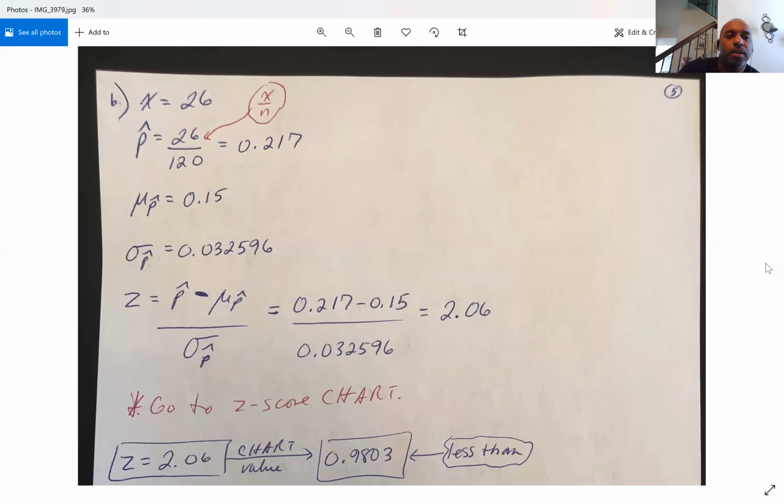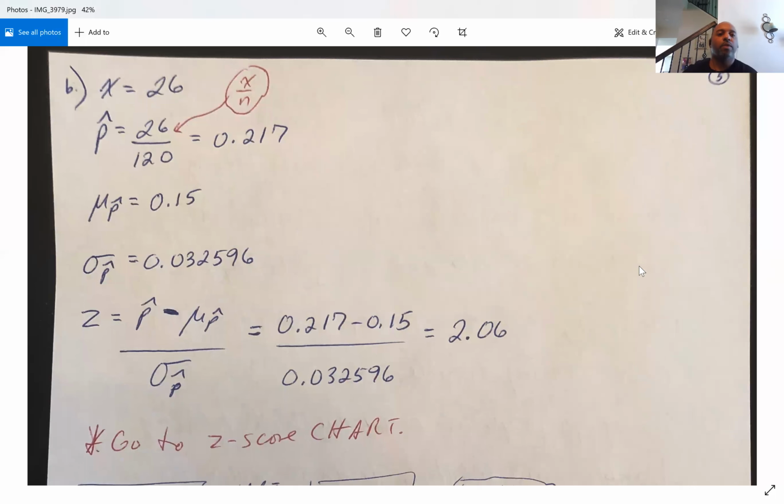That's why we did this first. X is 26. I should have put N as 120. So X over N is 26 over 120 for P hat, which gives us the sample proportion of 0.217. The mean and standard deviation stay the same.